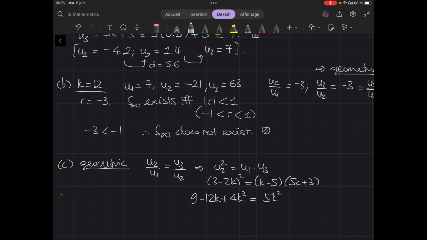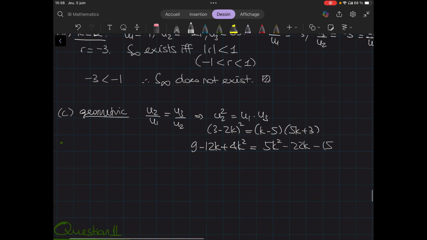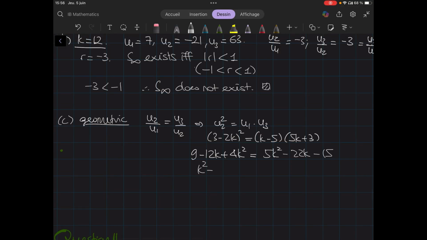Minus 25 plus 3, that's minus 22, minus 15. So k squared minus 10k minus 24 is equal to 0. So we would get k plus 2, k minus 12 is equal to 0.